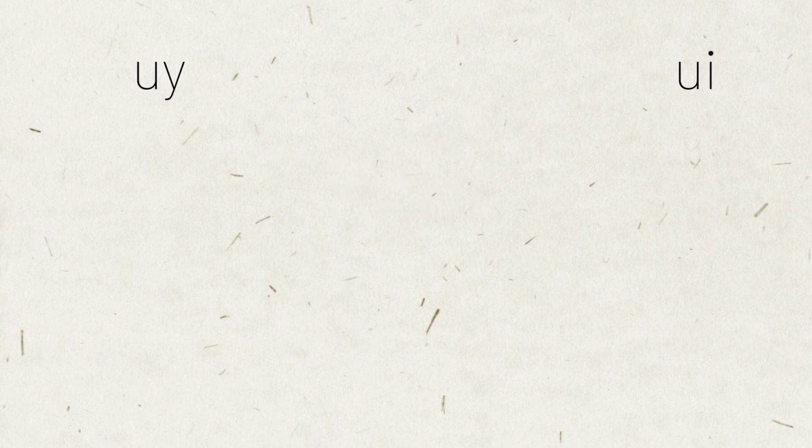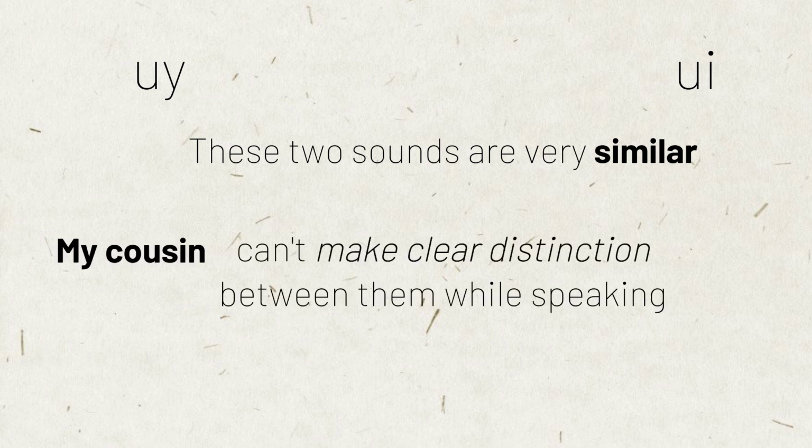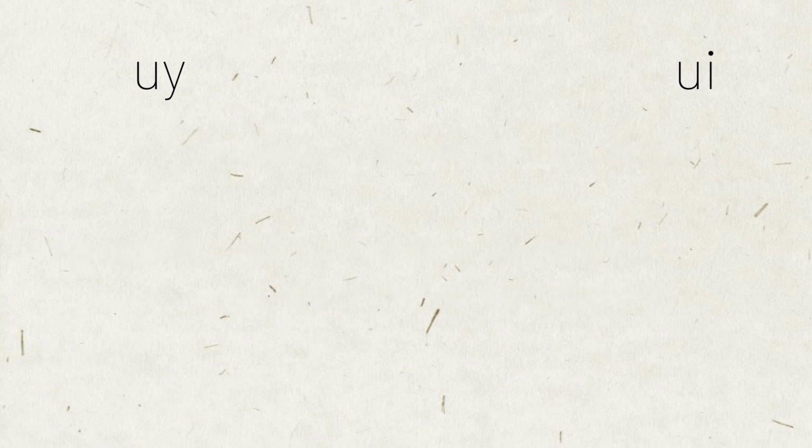First, I just want to point out that these two sounds are very, very similar, even to Vietnamese people. My cousin, for instance, is not able to make a clear distinction between them while speaking. This is to say that if you are unable to distinguish these two sounds, don't beat yourself up. It's really hard. However, I do have my advice on how to differentiate them.